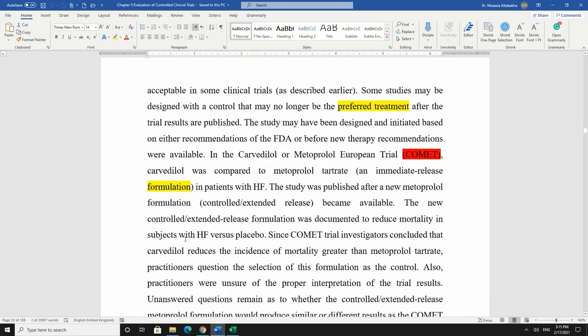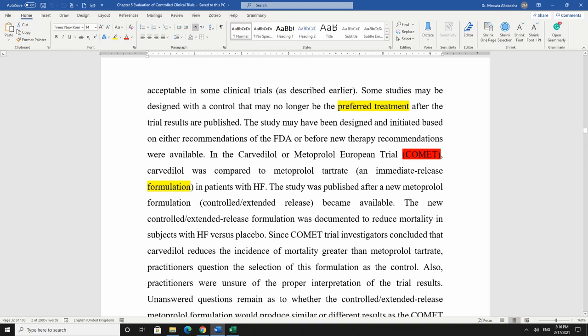For example, in one of the trials, they compared carvedilol with metoprolol for hypertension or heart failure. Okay, they compared both medications. But when they did this comparison, there was another formulation of metoprolol coming up in the market, and it has been proven to be better than immediate release formulation.